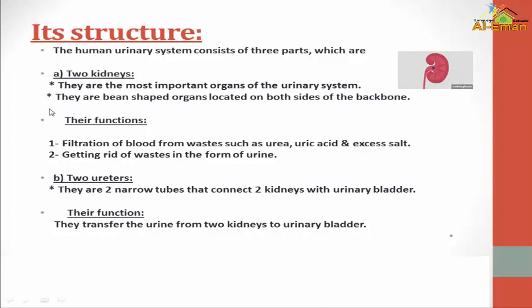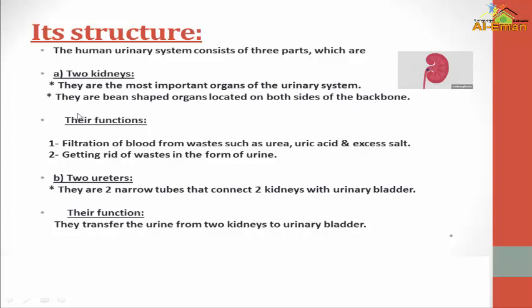They are the most important organs of the urinary system, and they are bean-shaped organs. If you look at the kidney, you can see that it looks like a bean, okay? And it's located on both sides of the backbone, right and left.